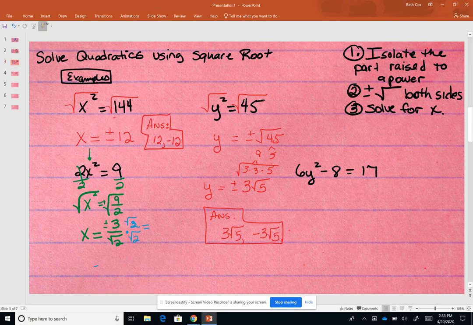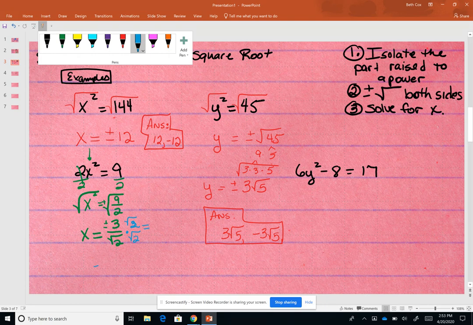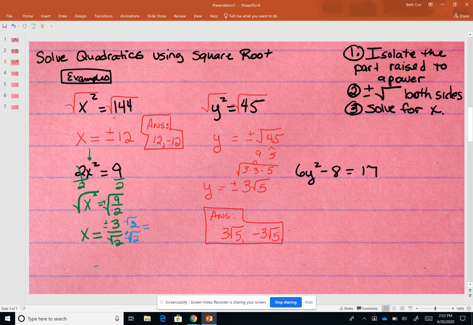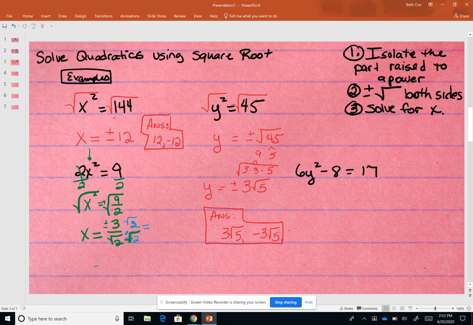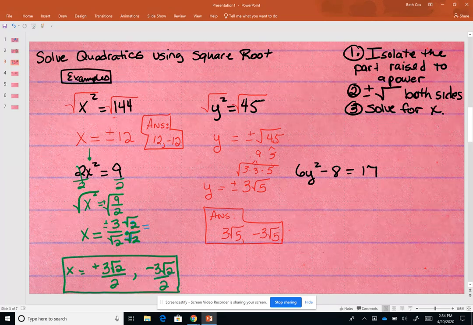Let's write that in a different color. Blue is not friendly. So now I get x is equal to 3 square roots of 2 over 2 and negative 3 square roots of 2 over 2. Two answers there. All right, last one.